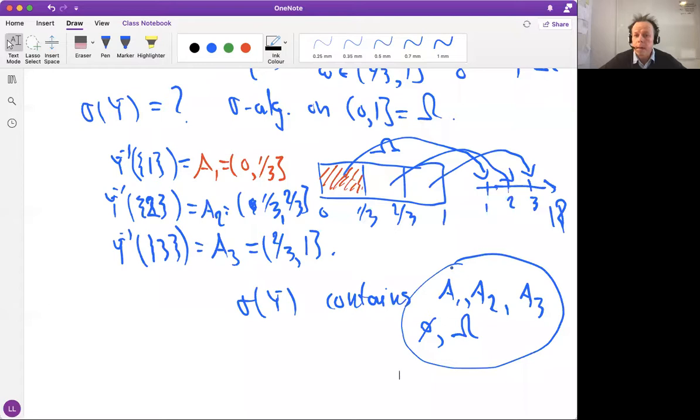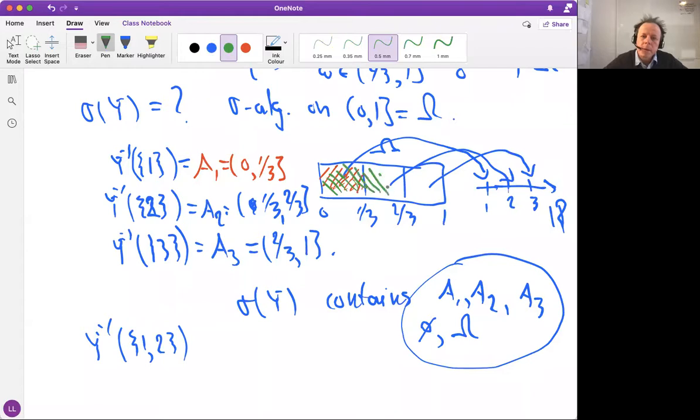So now we have these sets. Does it contain something else? What about the pre-image of the set containing 1 and 2, for example? Well, that's of course the set which contains all these points and these points here.